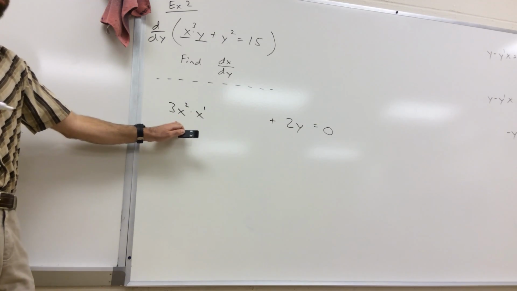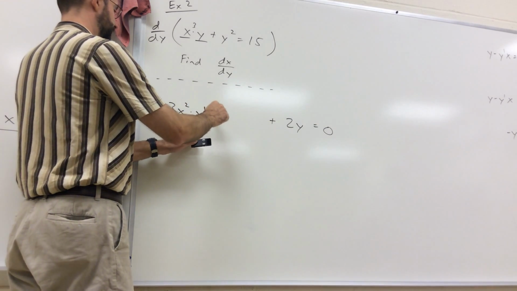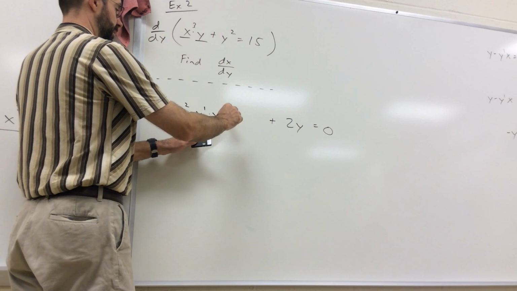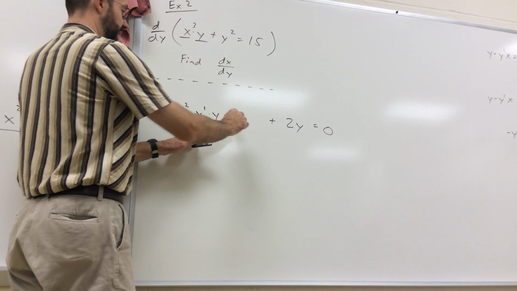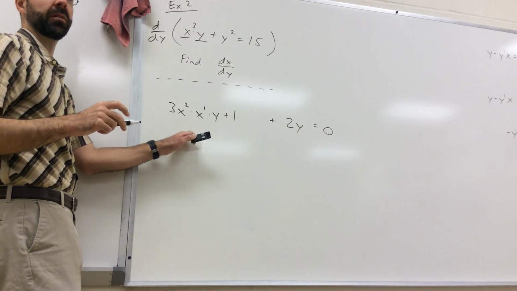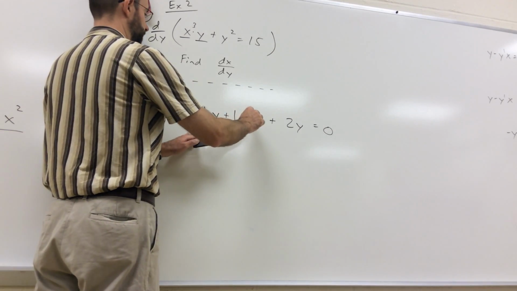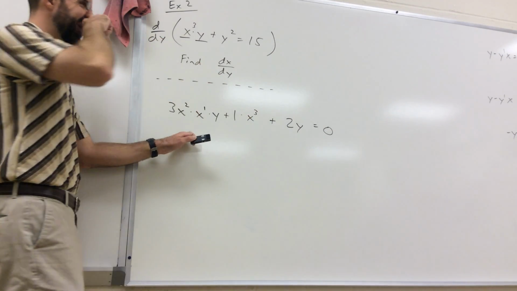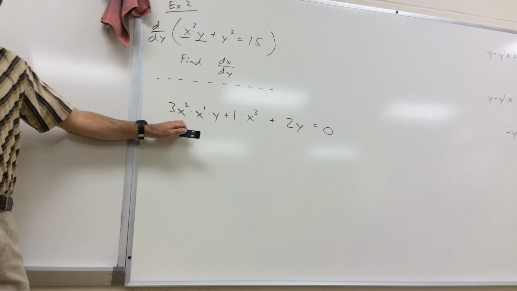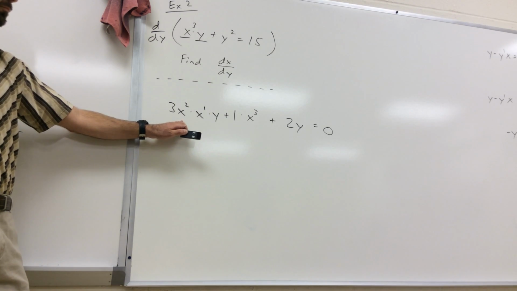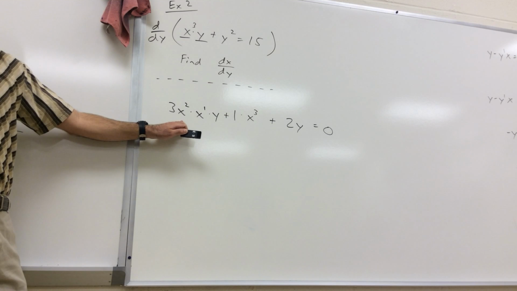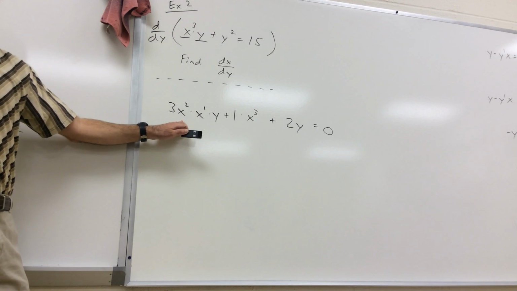So that's the derivative of the first thing times regular second thing plus derivative of the second thing, which is just 1, times the regular first thing. Is everybody okay with that?